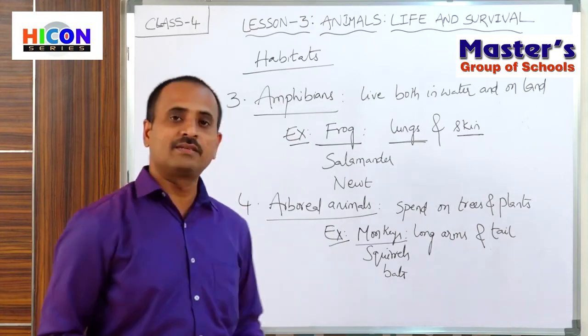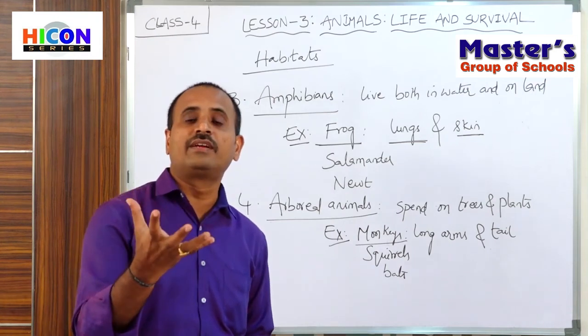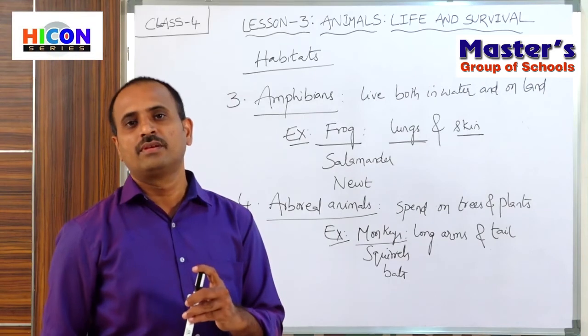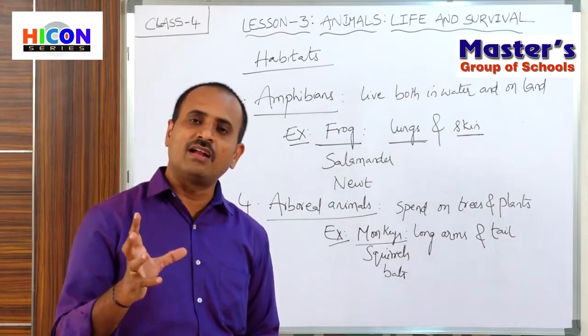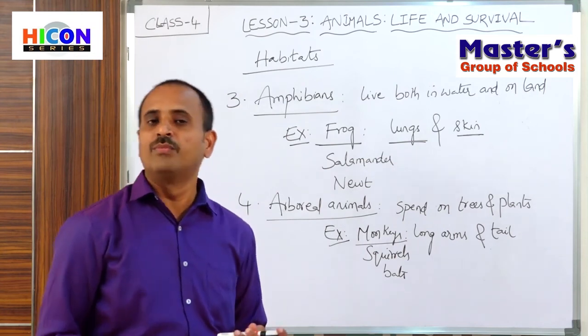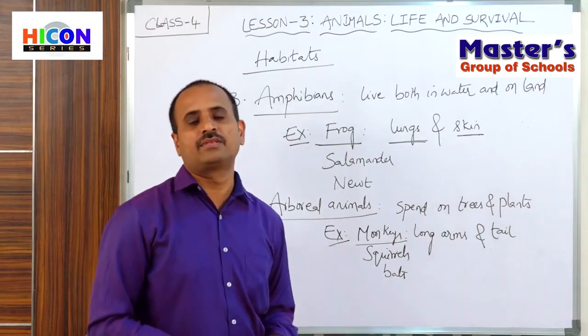And also bats, the bats hang from the branches of the tree vertically downwards, that means upside down. They always stay stuck to the branches of the tree upside down, and they move during the night time.